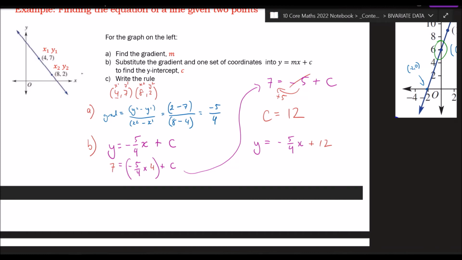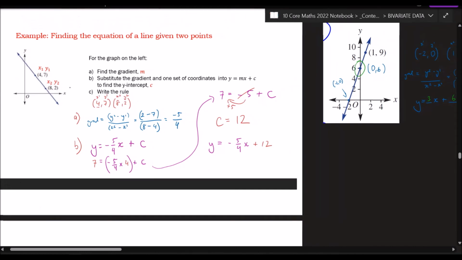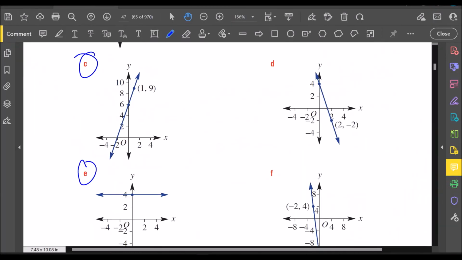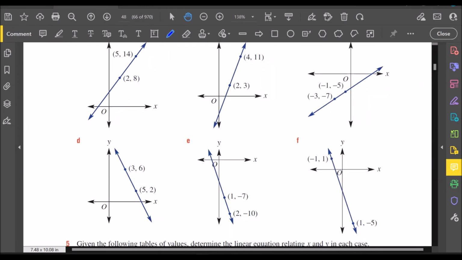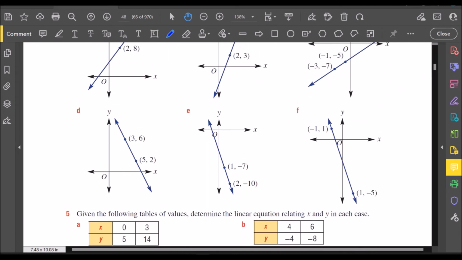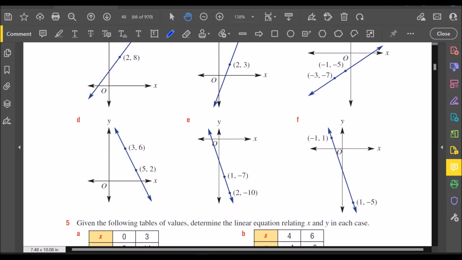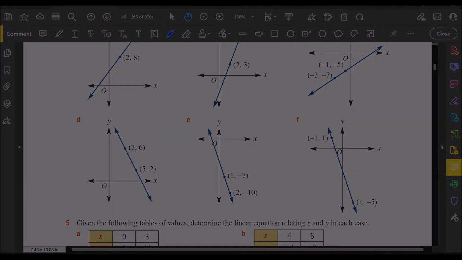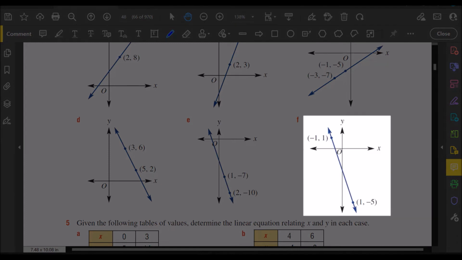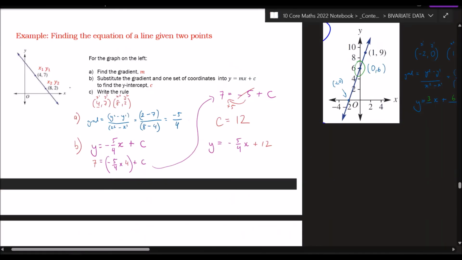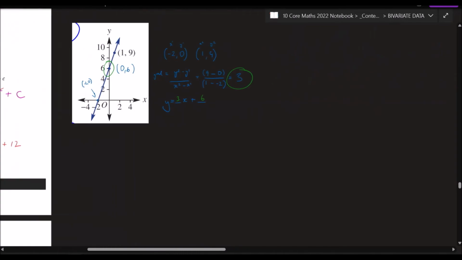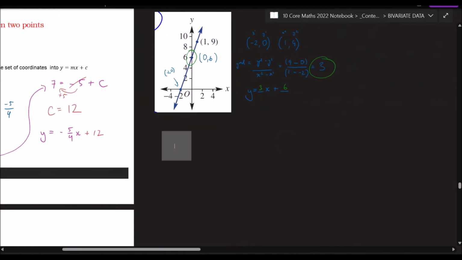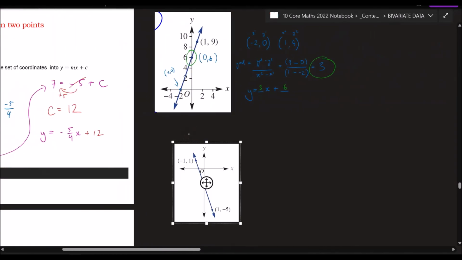Okay, so you get your bound references out, or copy this on a piece of paper so we can do it. I'm going to use a question from here. Copy this in your bound reference. I want to use this one. If you're up to it, please copy this one in your bound reference, okay?